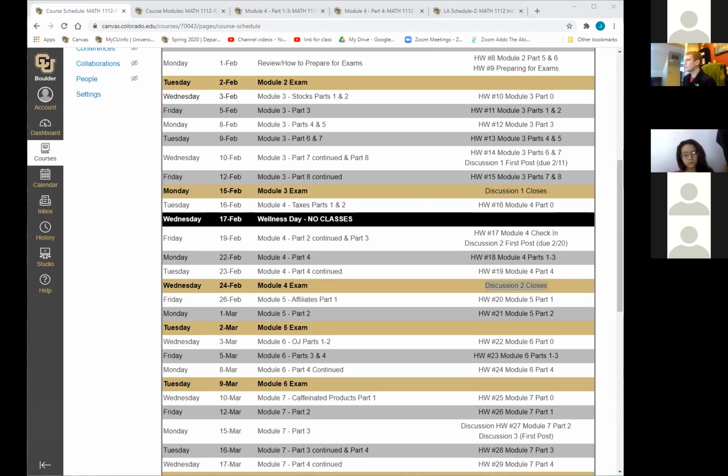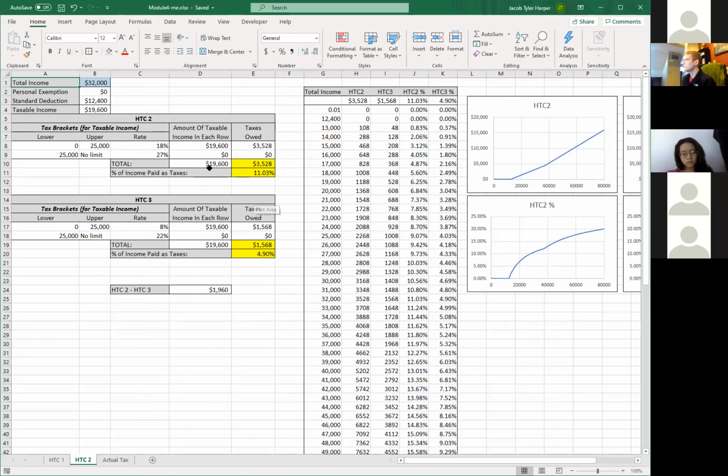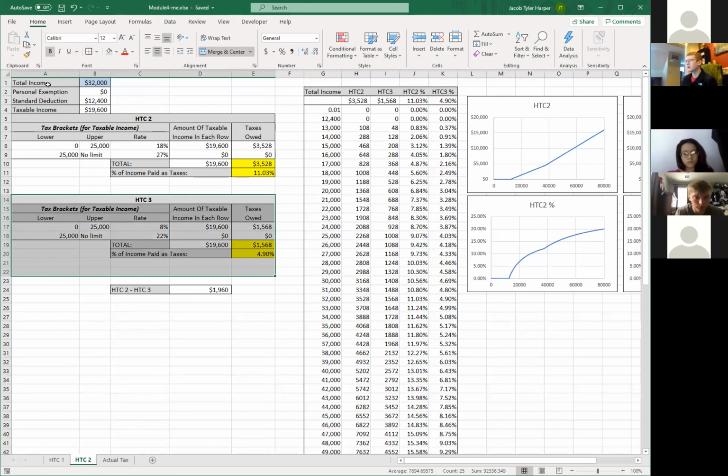Okay, so where did we leave off in module 4? In parts 2 and 3, we were building these two calculators, and they are pretty much the exact same calculator, where the only difference was these pairs of tax rates right in the middle.